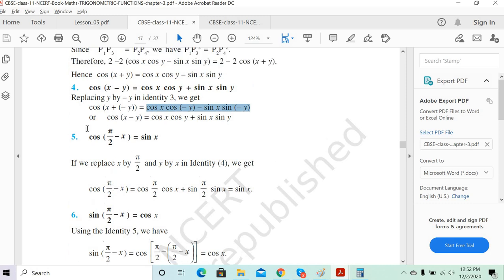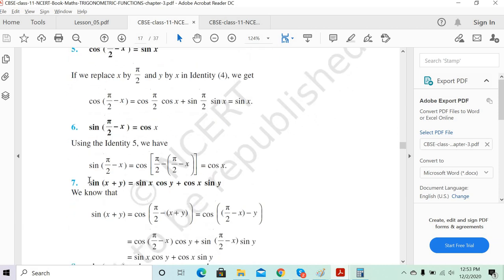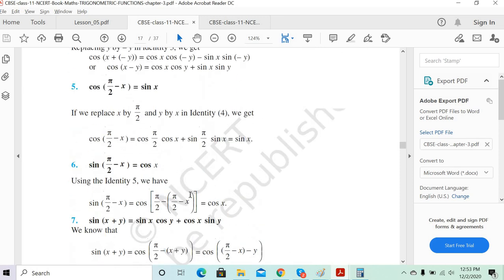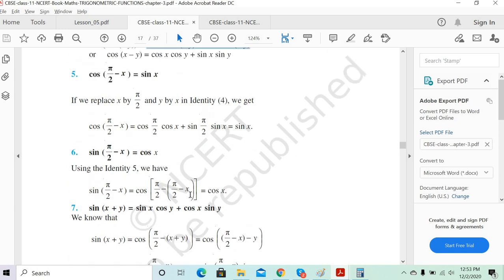Cos 90 minus theta is equal to sin, that you have already done in the previous classes, so no need to. Let's go to the sin x plus y now. We already got cos A plus B, right? Now we'll try it with sin A plus B. Our goal is to find the value of sin x plus y. How to do it?